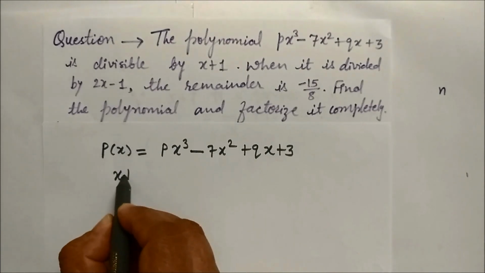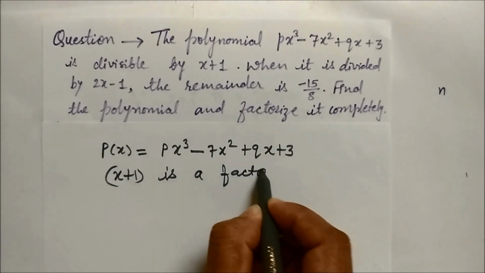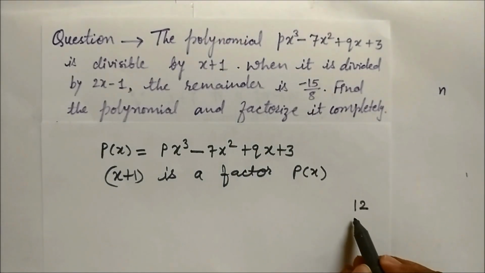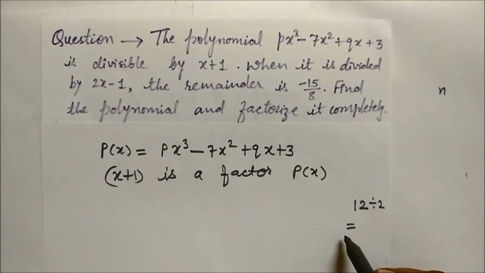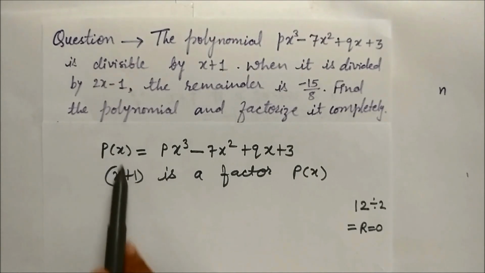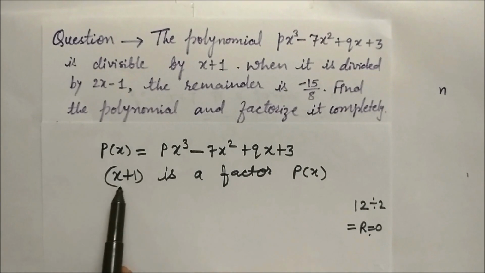So we can say that x plus 1 is a factor of p(x). Like 12 is divisible by 2. Divisible by 2, it means remainder in such case 0. So we can say that 2 is a factor of 12. Similarly, if p(x) is divisible by x plus 1, we will get remainder 0. Therefore, x plus 1 is a factor of p(x).